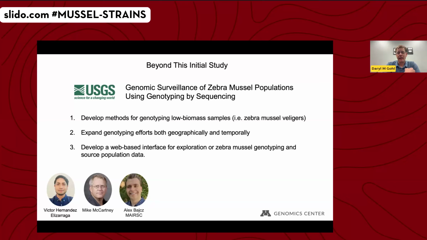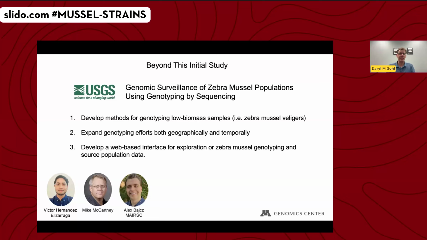Early on in infestations, often one doesn't find adult mussels in the lake, but people will identify these small larval stages of zebra mussels, called veligers, in plankton tows. Being able to apply this tool to those veligers would let us more quickly identify the source population for a given lake. So part of this grant is focused on methods development.